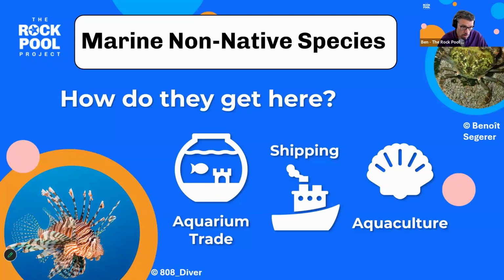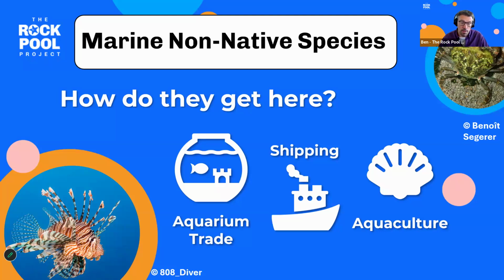Shipping is a big one. Often in ballast water, ships will fill their ballasts in one part of the world and then travel to another and empty their ballast. Many marine species have a planktonic larval stage in the beginning of their life cycle. So as plankton, they'll be in the ballast water and then released elsewhere in the world.